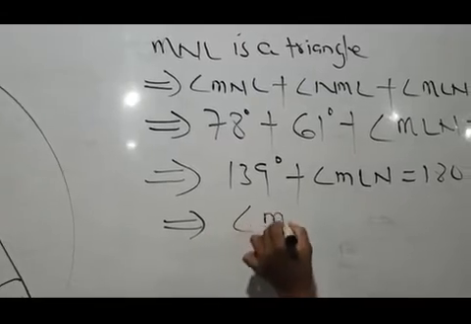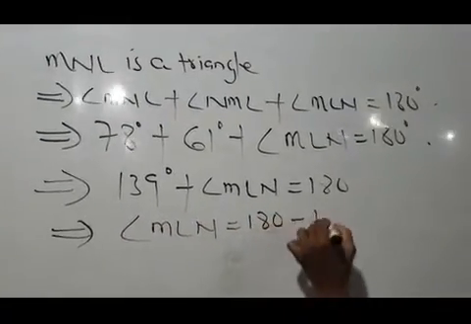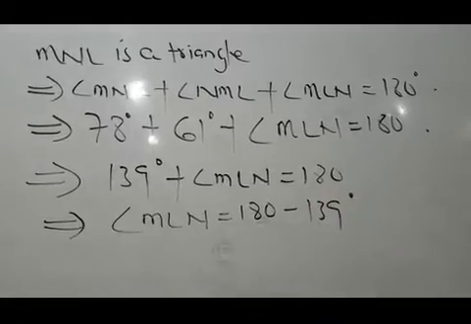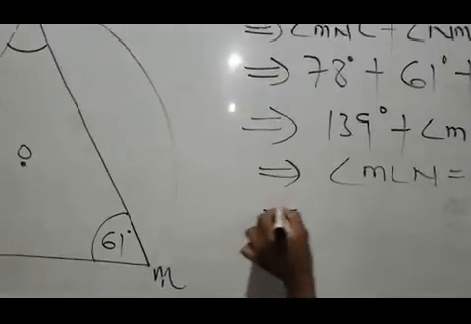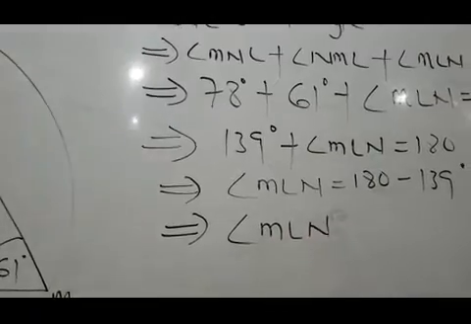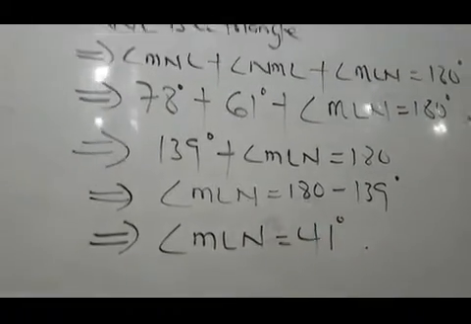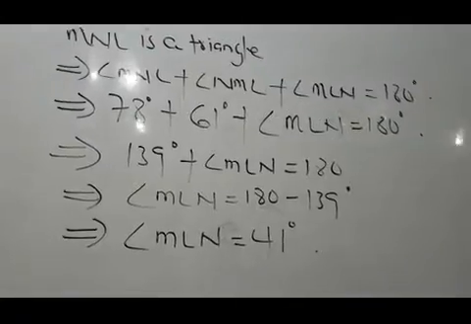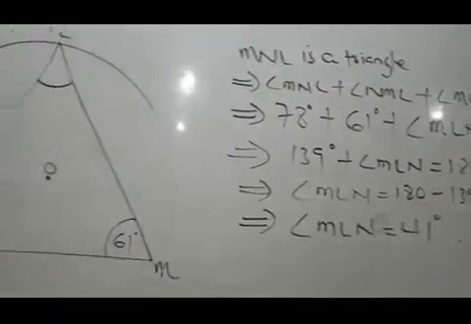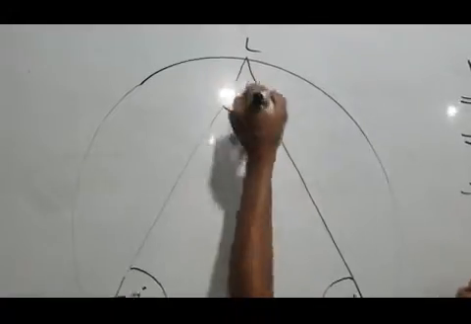So angle MLN will be equal to 180 minus 139 degrees. That will give us 41 degrees. So the angle here is 41 degrees.